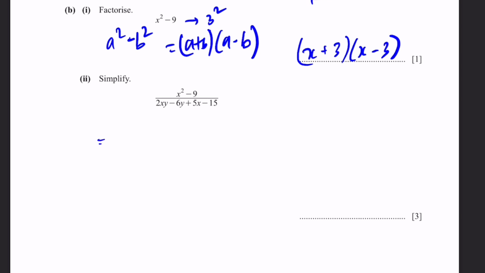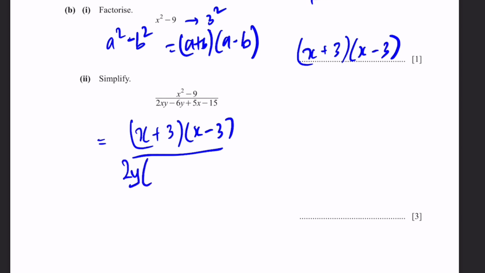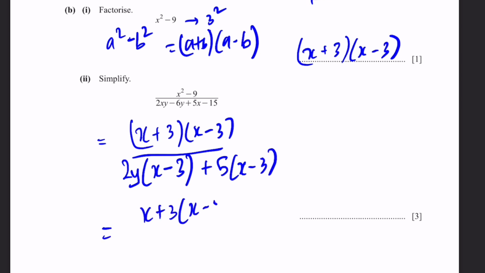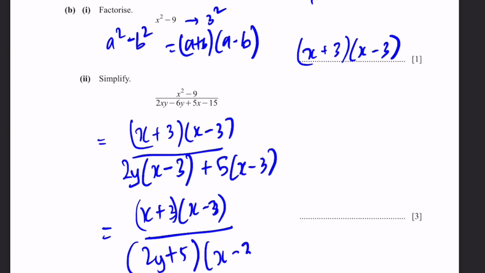So first we can write x squared minus 9 as x plus 3 into x minus 3. And then divide by 2xy minus 6y, we can factorize 2y out, and then x minus 3, and then plus, factorize the 5 out here, 5 into x minus 3. That will be x plus 3 into x minus 3, divided by 2y plus 5 into x minus 3.